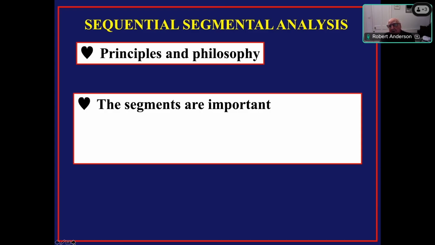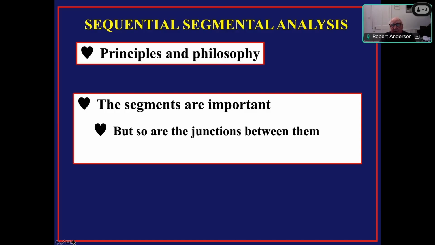Now, when I started in my career, as I say, and I keep on repeating this, it was a long time ago, we appreciated that not only were the segments important, but also the junctions between them were perhaps of greater importance. And it so happens that that coincided with the appearance of cross-sectional echocardiography.